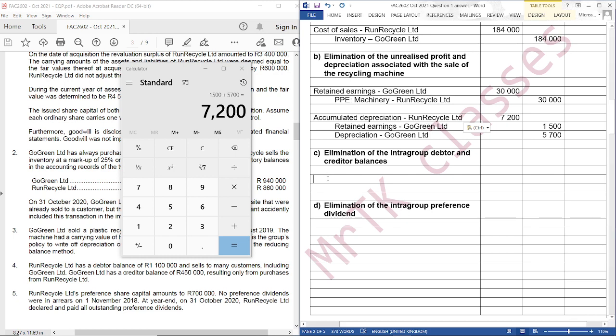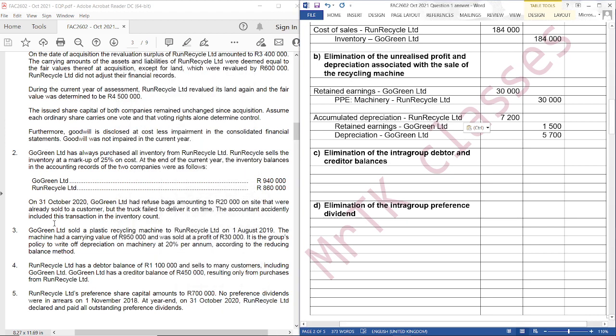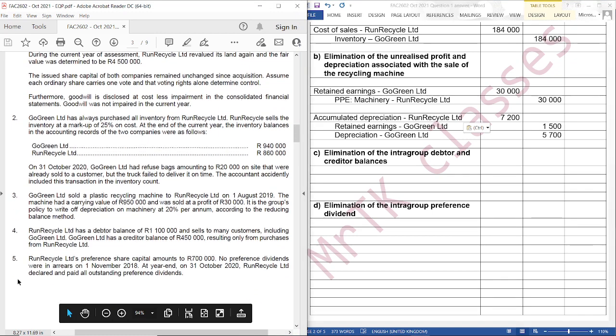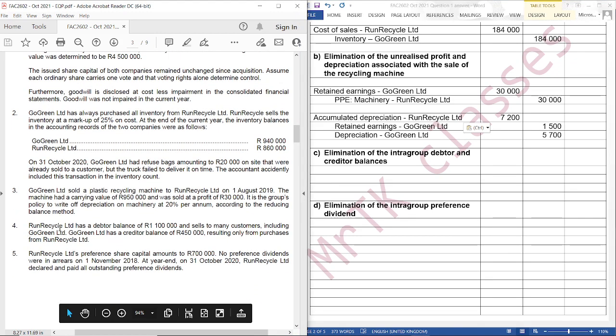to C, elimination of intra-group debtor and creditor balances, right? Okay, and that's number 4. Run Recycle Limited has a debtor balance of 1,100,000 and sells to many customers, including Go Green Limited. Go Green Limited has a creditor balance of 450,000, resulting only from purchases from Run Recycle Limited.